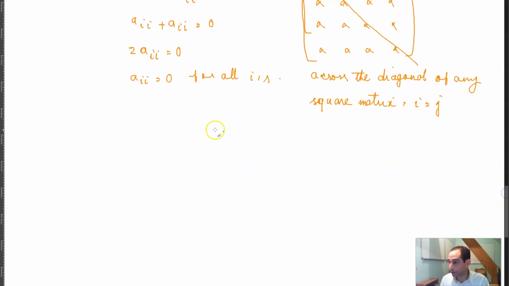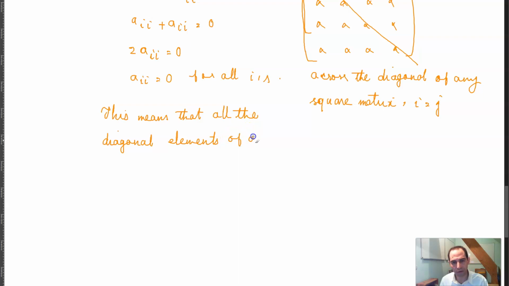And therefore we can say that this means that all the diagonal elements of a skew symmetric matrix are 0.